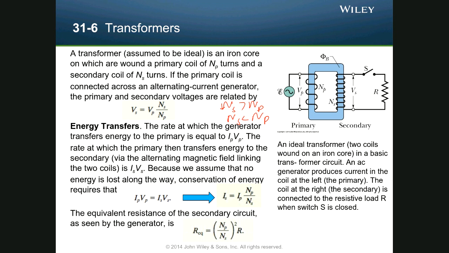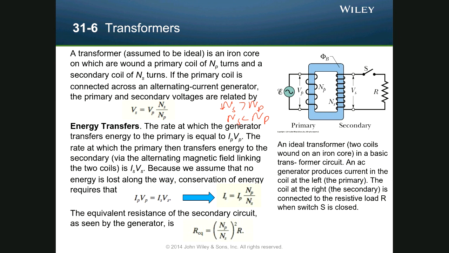If you want to look at energy transfers, we can see that the rate that energy is transferred from the primary to the secondary coil is equal to IS times VS. Because we assume that no energy is lost along the way, conservation of energy requires that IPVP equals ISVS. That means that the total power, even though the voltage and current can change, remains the same.